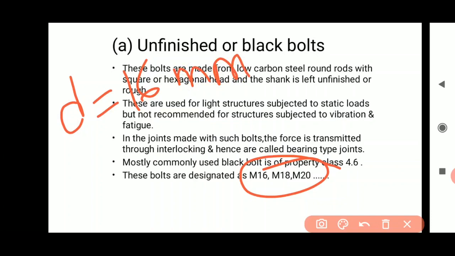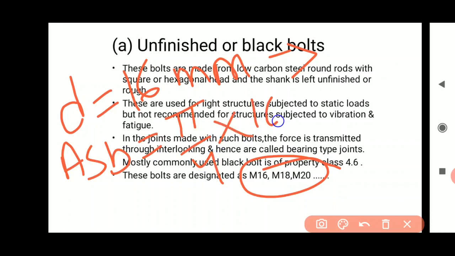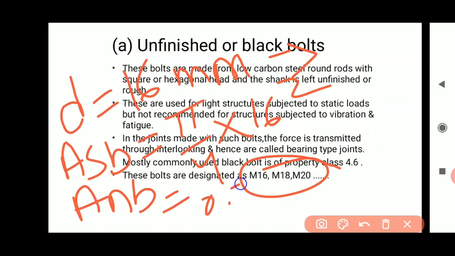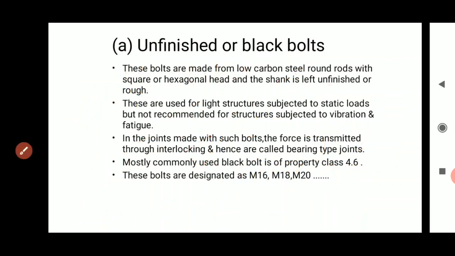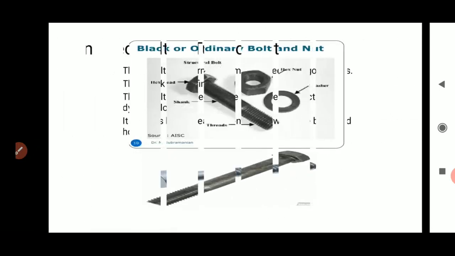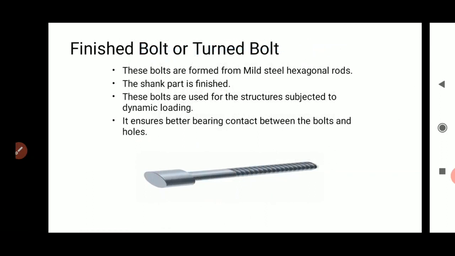From this, the shank area of the bolt will be pi by 4 into 16 square, and the net area of the bolt will be 0.78 into pi by 4 into 16 square. So M16, M18, M20 means the shank bolt dia is 16 mm, 18 mm or 20 mm. Then next we will see about the finished bolt or turned bolt.